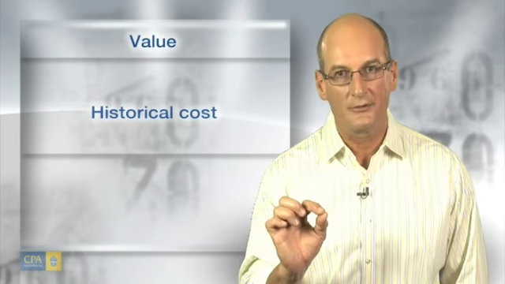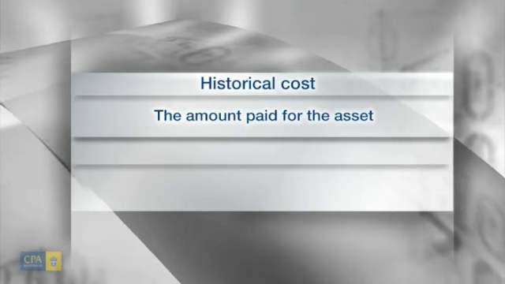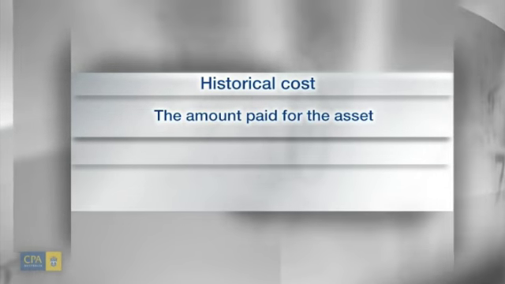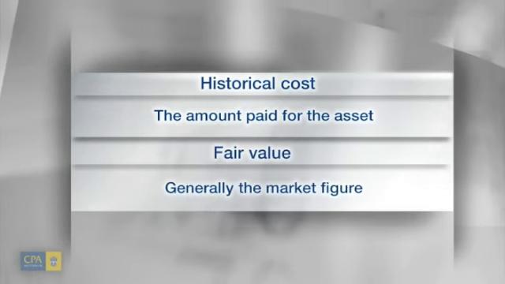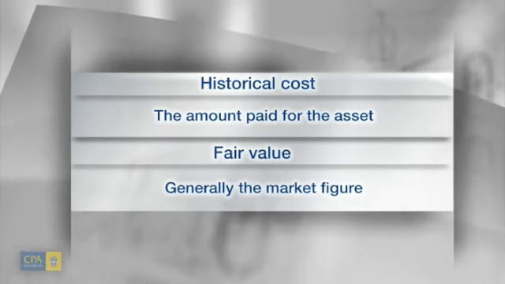In accounting, the way assets and liabilities are valued on a balance sheet is set out in accounting standards. Under these standards, assets are valued in one of two ways: at historical cost or at fair value. Historical cost is the amount paid for the asset, and fair value is generally the market figure.